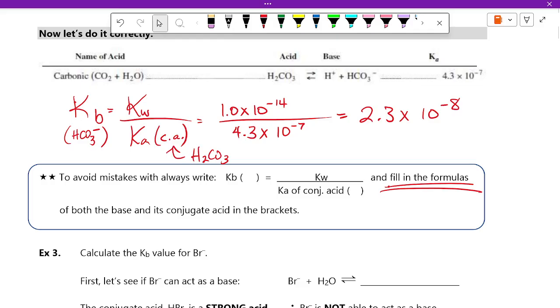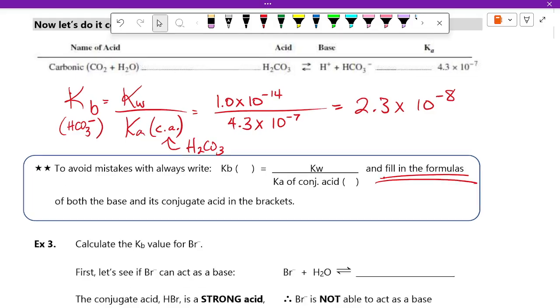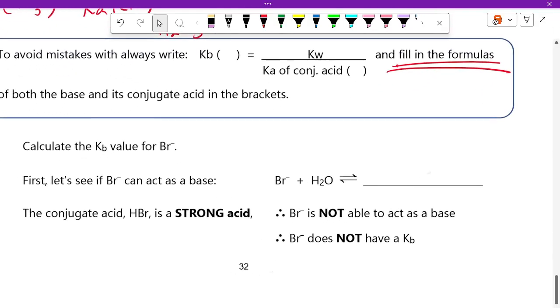Calculate the Kb for Br minus. First of all, can Br minus act as a base? What do we get if we react it with water? We would get HBr and OH minus. Is that a possible reaction?